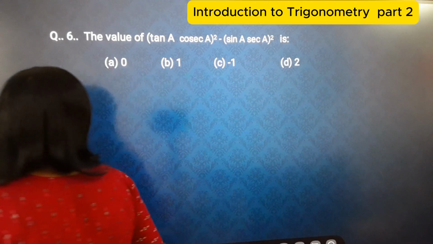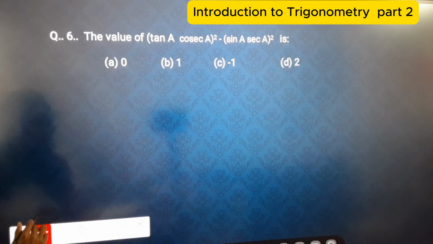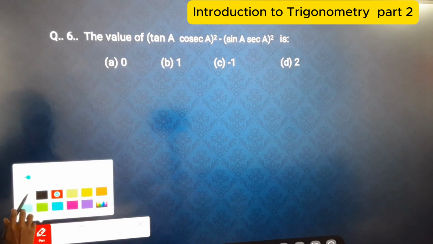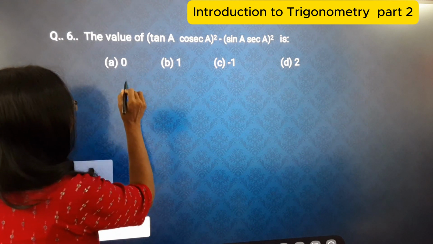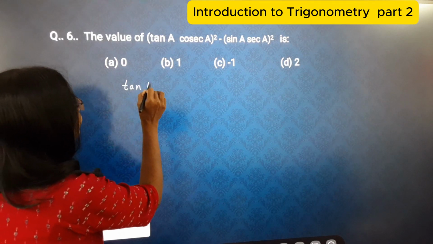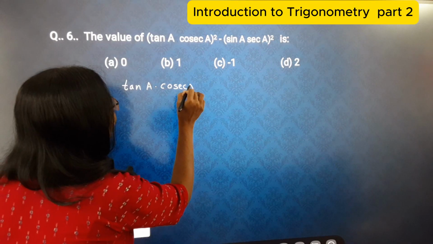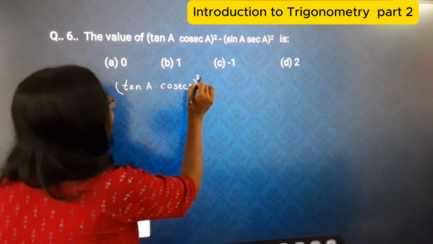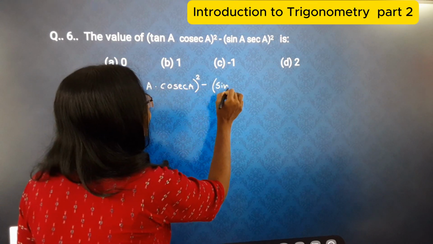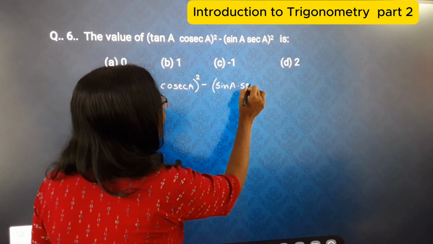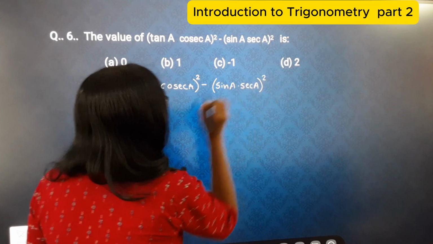Now here students, first we write the equation as it is, that is (tan A multiply cos A) whole square minus (sin A multiply sec A) whole square.